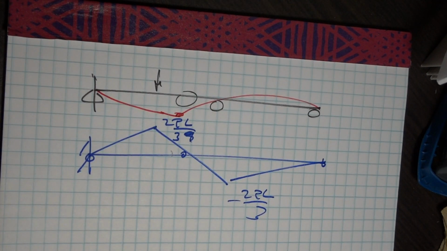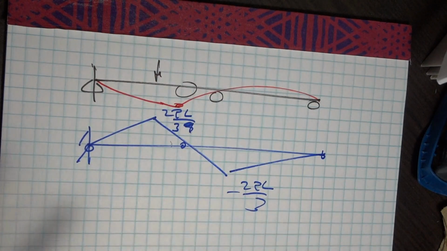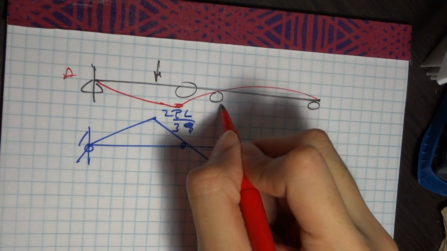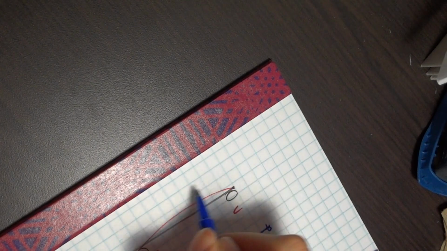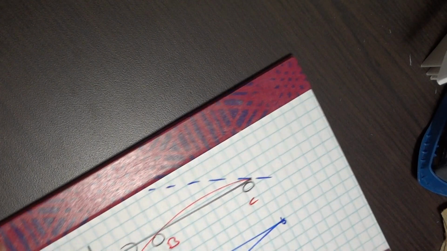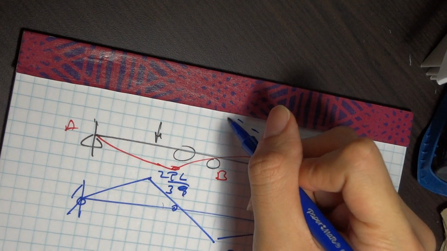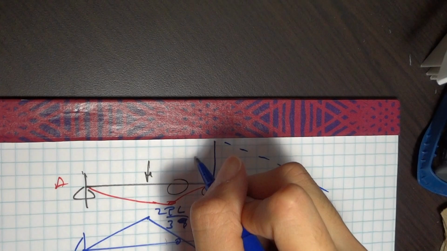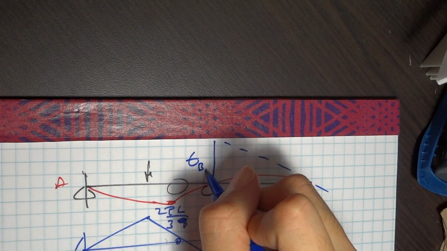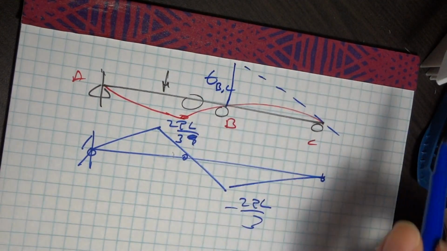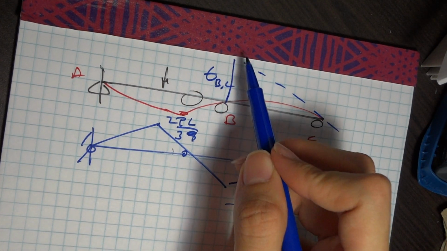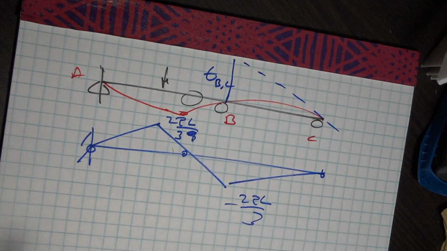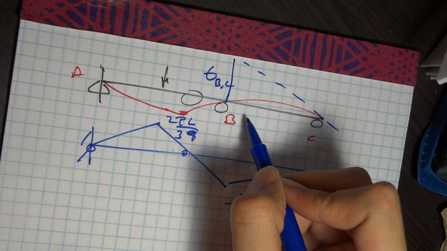And the question is, where do I start? I don't have enough information to get the angle at A. But I do have enough information to get theta C. If I draw an imaginary tangent line at C, I can get this distance. This distance here is TBC, the distance between the tangent line drawn from C at point B with respect to the deflected shape at point B. The deflection at point B is 0.